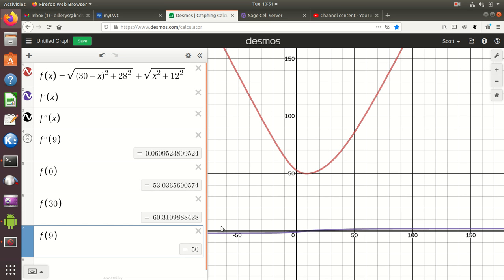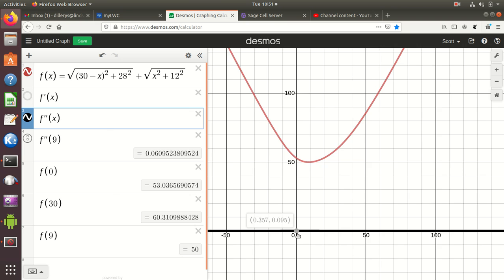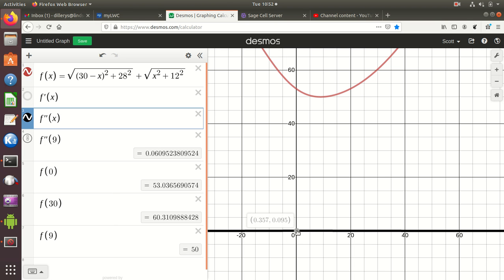And so the question is, here I did f double prime, and let's turn off f prime, and I can zoom in a little bit, and what I see is it appears, so the best I can tell on the interval here between 0 and 30, is I just kind of scroll back and forth, I can actually write it is greater than 0 for 0 less than or equal to x less than or equal to 30.